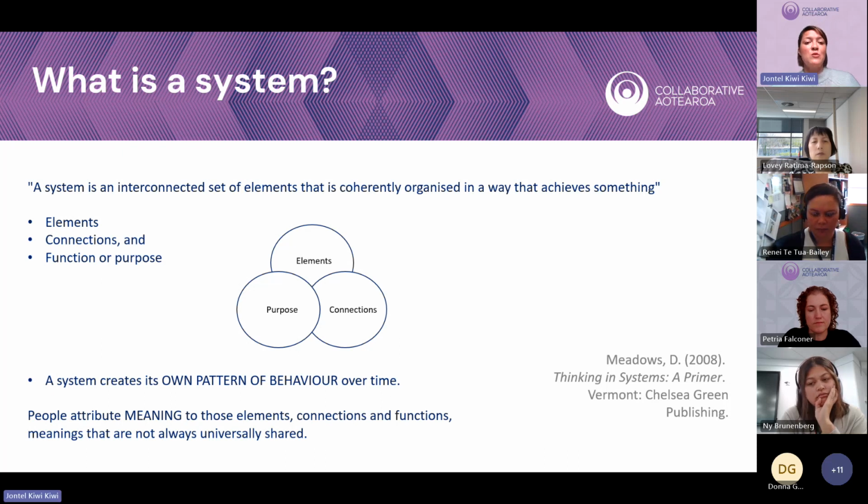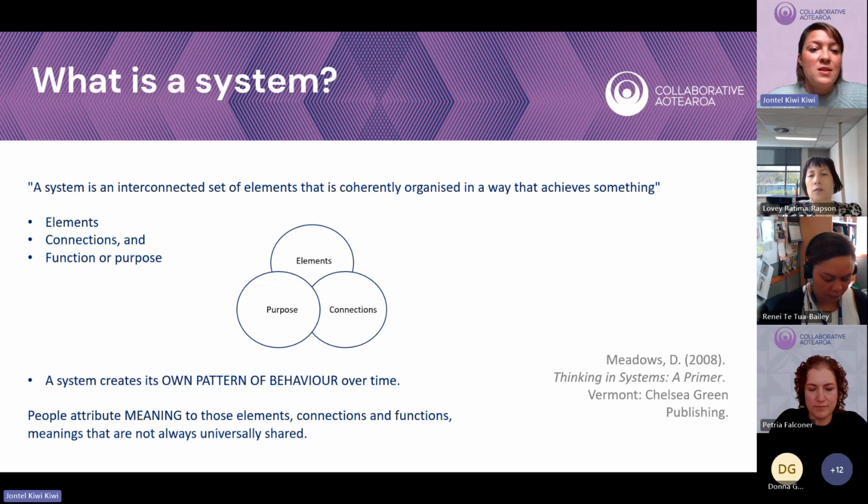So a system creates its own patterns of behavior, and those patterns are also really important, because if something is continuing to produce the same types of patterns, and we want to make change within that, then obviously we're going to need to move around some of those elements, connections, or look at the purpose. Another interesting takeaway from this is that people attribute meaning to the elements, connections, and functions.